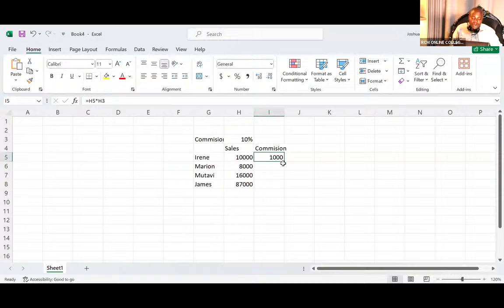If I try to drag this formula down, you will get crazy things. If you put your cursor here, you can see it took H6, which is very good. Look at the formula bar: it took H6 times H4, times H4, times H4.